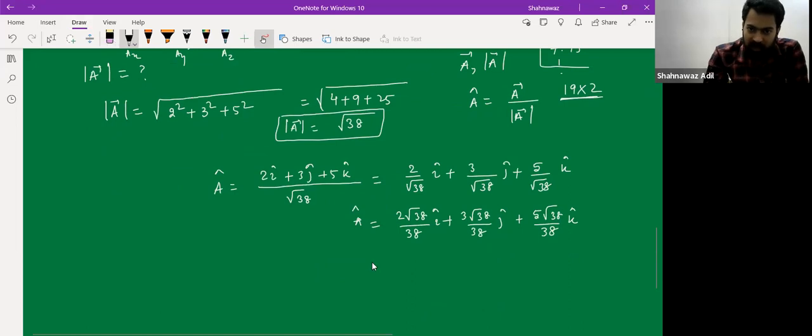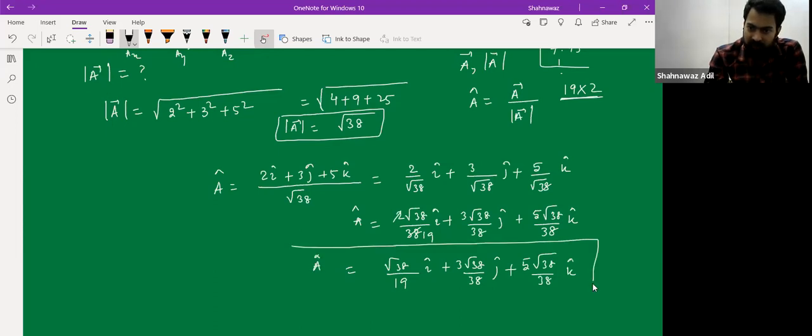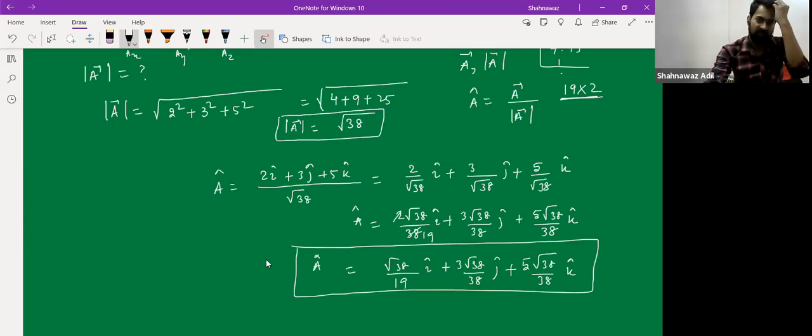So this is 19, right? So this would be root 38 by 19 i hat, and then 3 root 38 by 38 j hat, and then 5 root 38 by 38 k hat. So this is the unit vector. Understood. Any question up to this point?